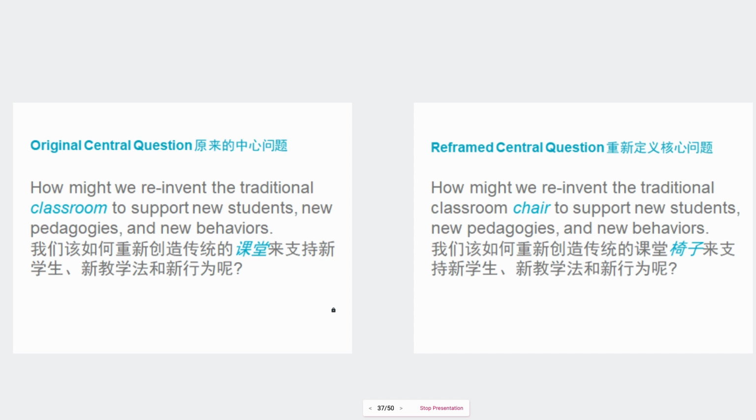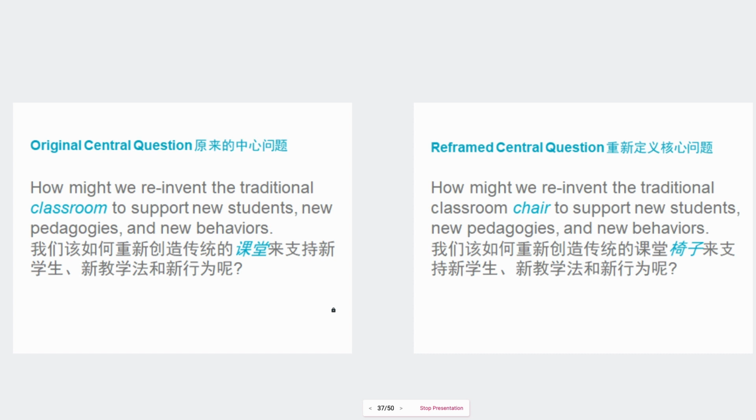So instead of saying the entire classroom, which could encompass anything between the whiteboard, blackboard, to flooring, to a pencil or paper, or anything inside that space, all of a sudden you're focusing on a chair, which is what the company can do with their supply chain and manufacturing and design team. Yeah, that's great.